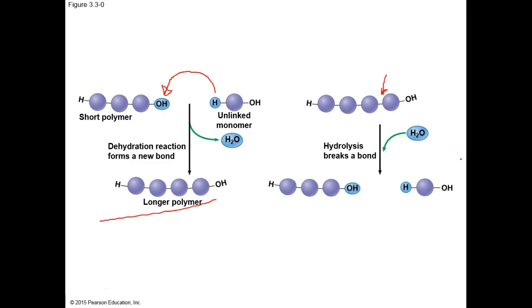Okay? Based on the rest of the chemistry of that particular molecule. But this is dehydration, just so you're aware, and this is hydrolysis. Hydrolysis, so water splitting. So we're going to add the water and then split it. Okay?